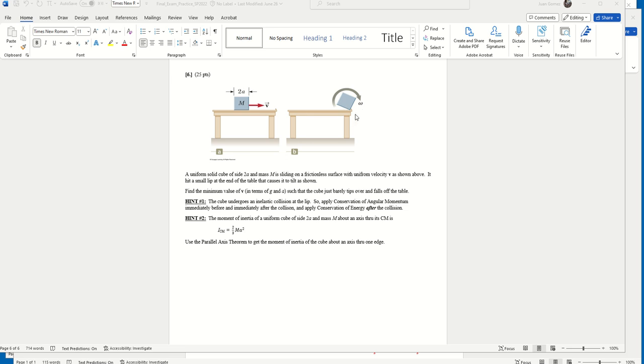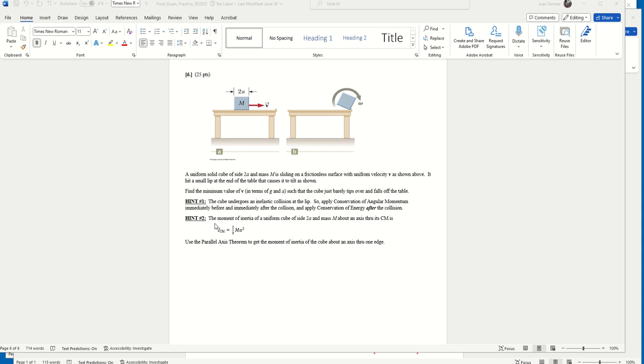So what's going on is it's now rotating about an axis that passes through one edge of the cube. Not about an axis that would pass through its center of mass. So it rotates about an axis that passes through one edge. And so I need to get the moment of inertia for this case.